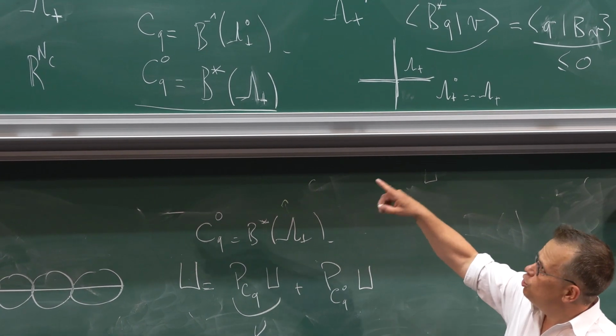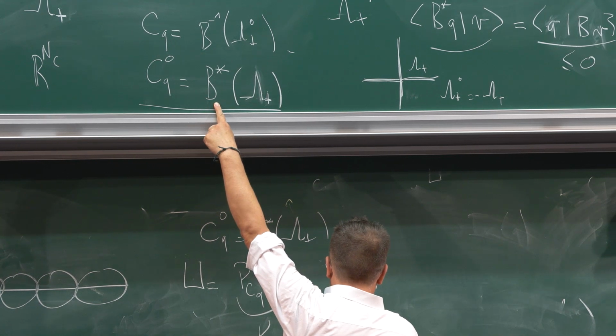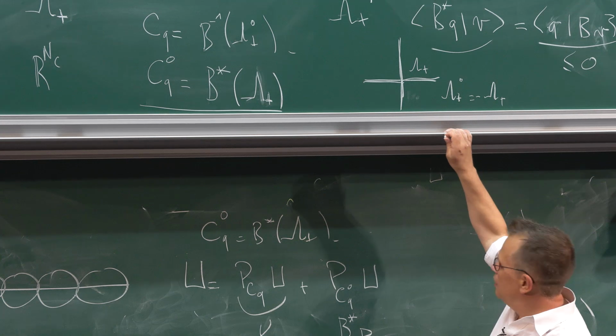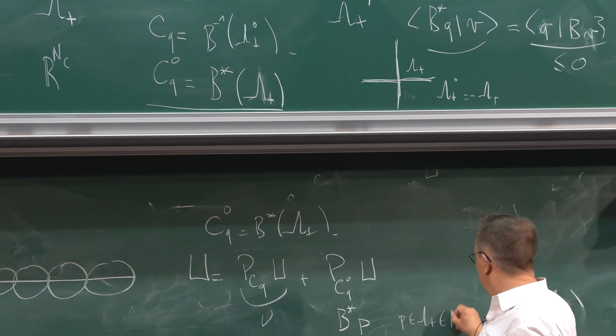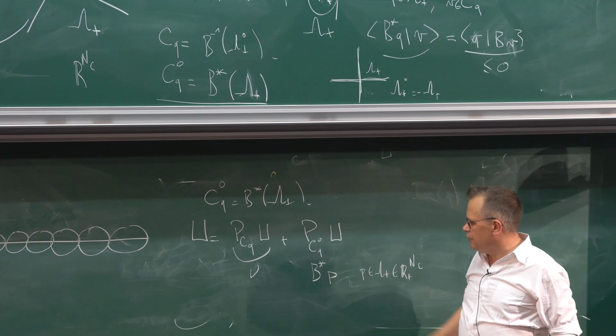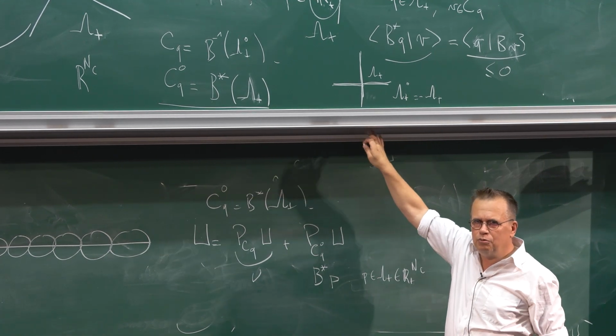And what I just showed here is that this can be written B star of some P, where P is in lambda plus, that is R plus to the NC. It's the set of pressure. That's what I showed almost fully, but not completely.